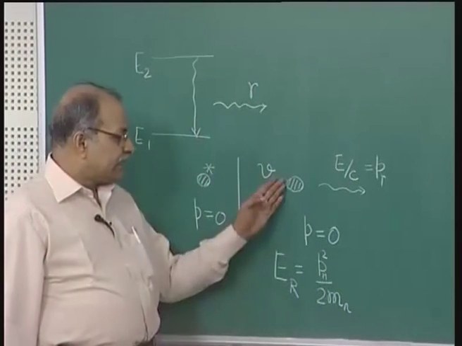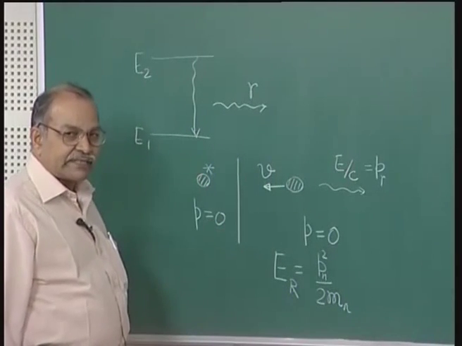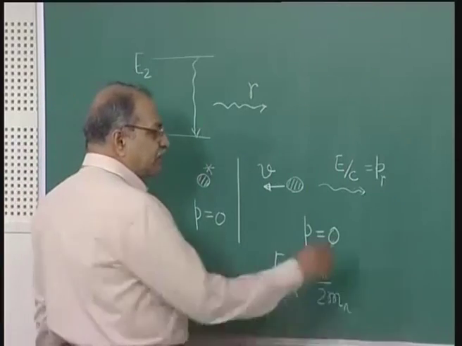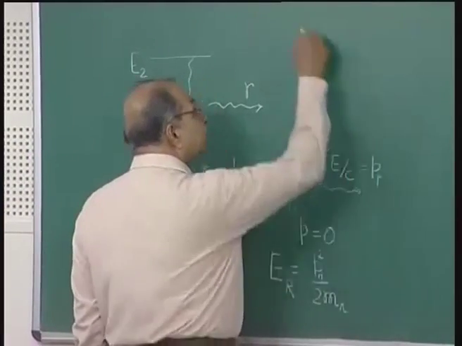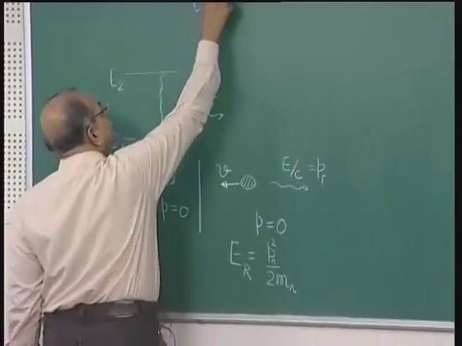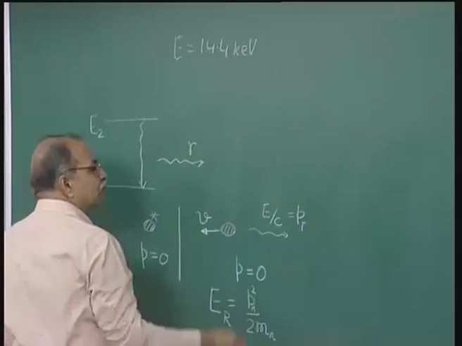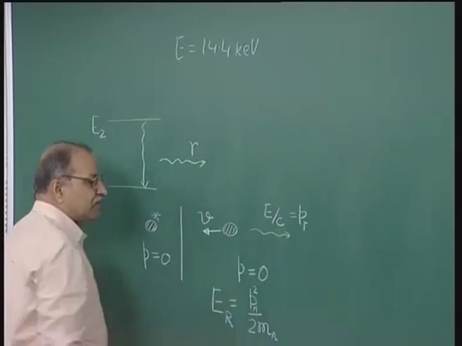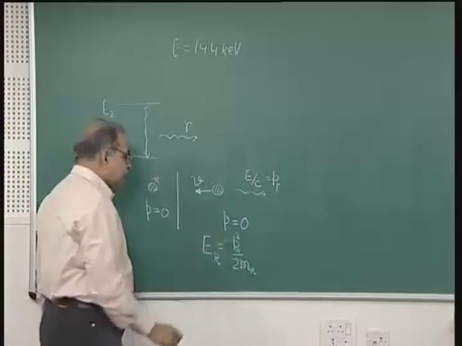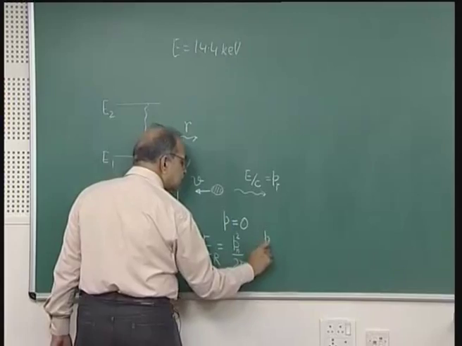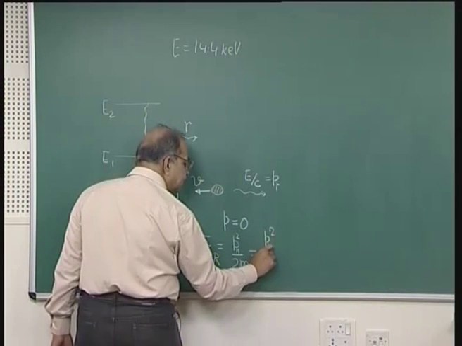So, that is the kinetic energy. How much is this? We can estimate. Suppose I take this E to be 14.4 kilo electron volt. From there I can calculate this P, and the same P will come here because the total linear momentum is 0.